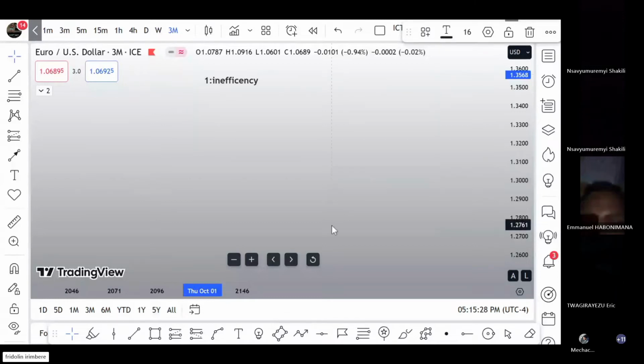So inefficiency iboneka gute? From the structure of the candlestick, nkuko twabibonye ukuntu candlestick iba yubatse.